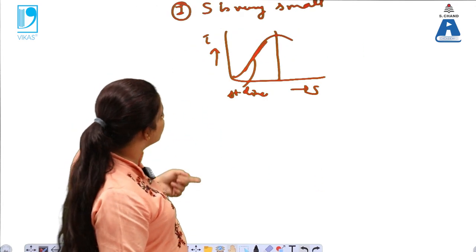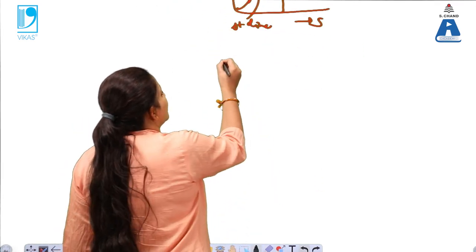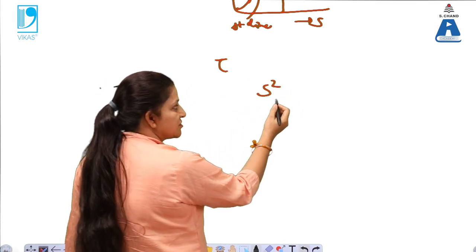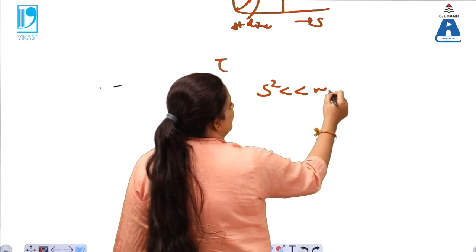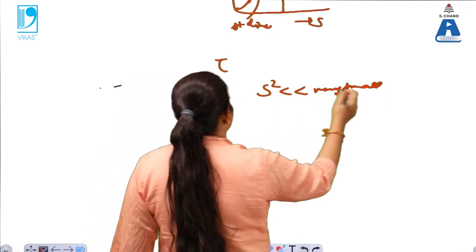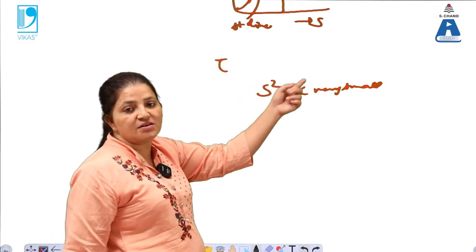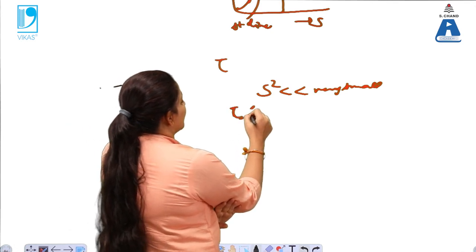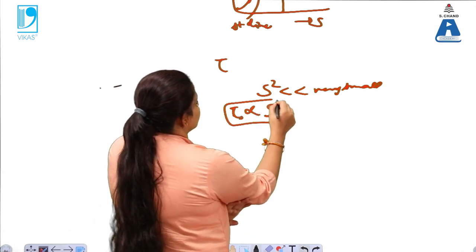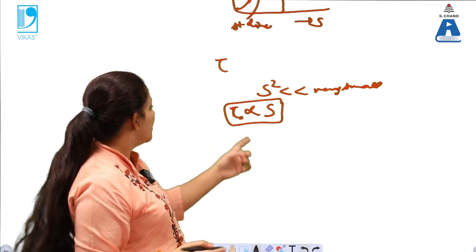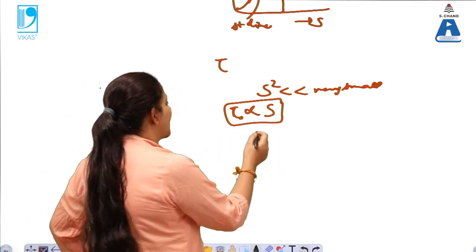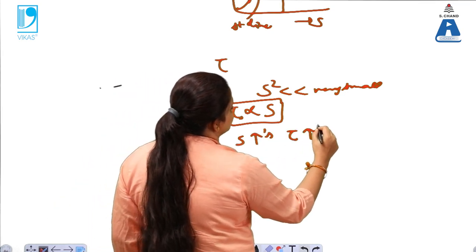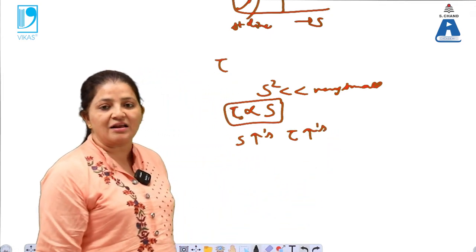In the given formula, when we put this low value, we know that in the denominator there is S square. When S is small, then S square is very small, so that can be neglected in this case. So automatically the torque is directly proportional to S, because in the numerator torque is proportional to S. If torque is directly proportional to S, then as S goes on increasing, the torque will go on increasing, meaning a straight line curve is followed.